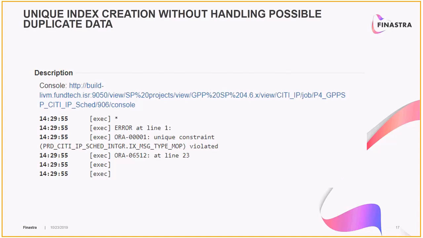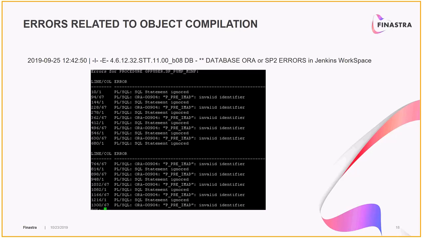This is unique index, and apart from that, earlier we saw that if referenced objects did not get the required changes, for example, we do the check-in for a procedure and it refers to a certain table and a certain column, or it refers to some other procedure also.